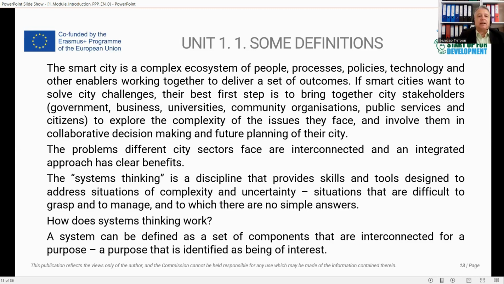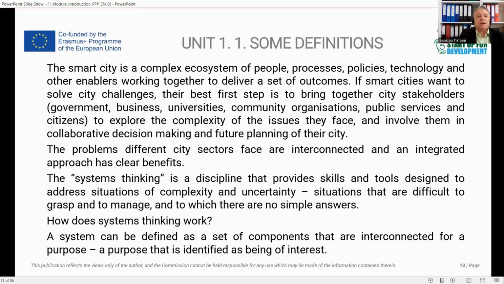Systems thinking is a discipline that provides skills and tools designed to address situations of complexity and uncertainty, situations that are difficult to grasp and to manage, and to which there are no simple answers. How does systems thinking work?